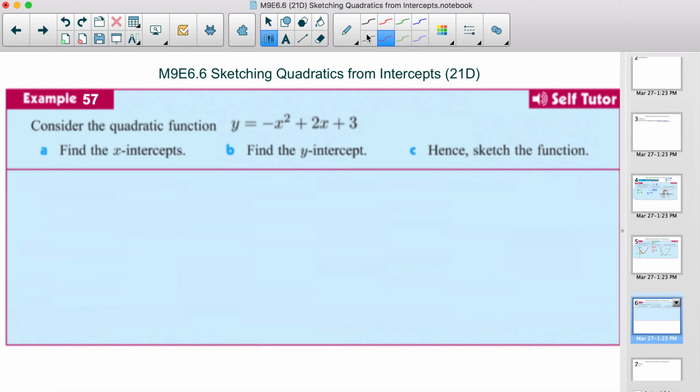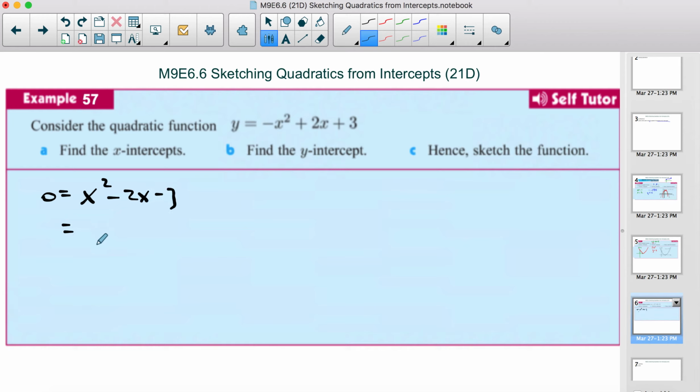Last one, we try to find the x-intercepts. I'd probably do that by factoring and set this equal to 0. So I'd first divide everything by -1, 0 doesn't care, so you're left with x squared minus 2x minus 3.